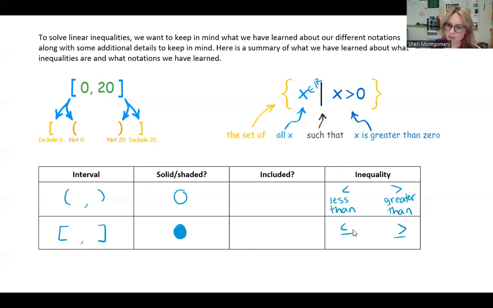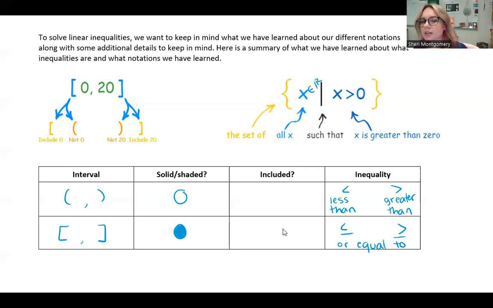And that means either less than or equal to, greater than or equal to. Also, one thing that we need to make the connection is that if there's nothing under the inequality symbol, then there's nothing inside of the circle. If we have stuff under the inequality symbol, there needs to be stuff in your circle.